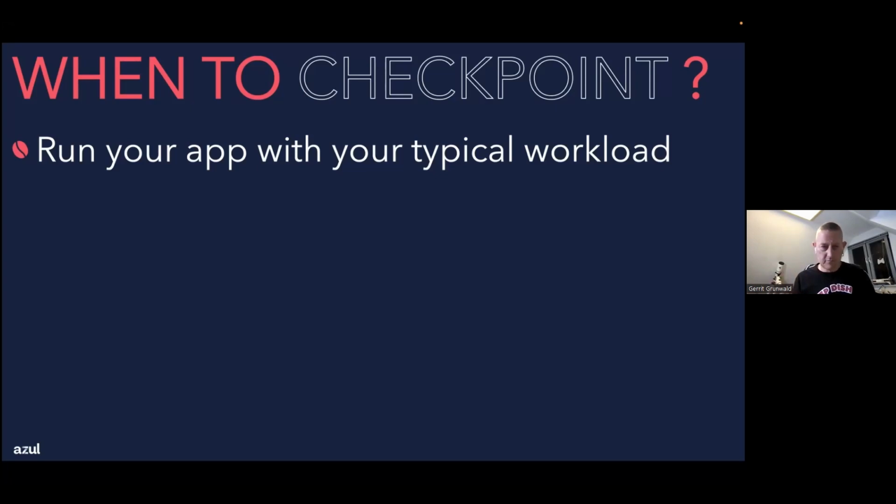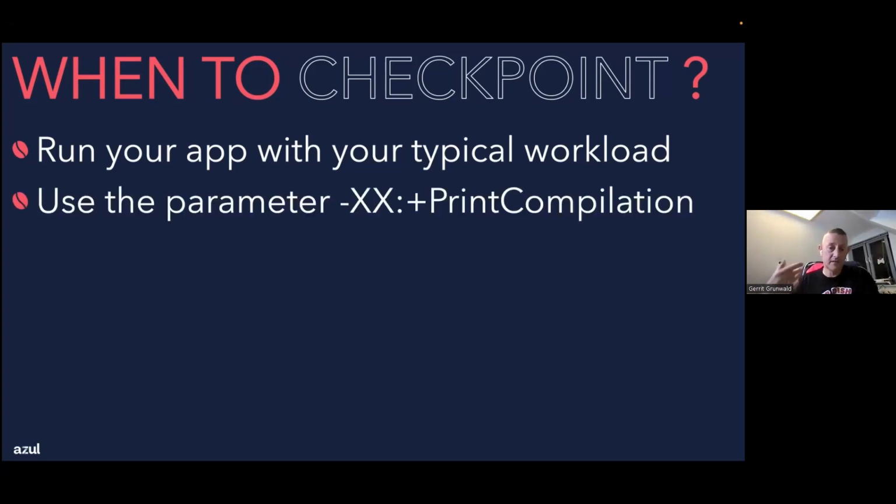But how to find that point? So what we suggest is you run your application with a typical workload, and you start it with this parameter, -XX:+PrintCompilation. And what it does, it prints out all the compilation steps on the console. It sounds terrible, and it looks terrible, because it's scrolling like hell in the beginning.